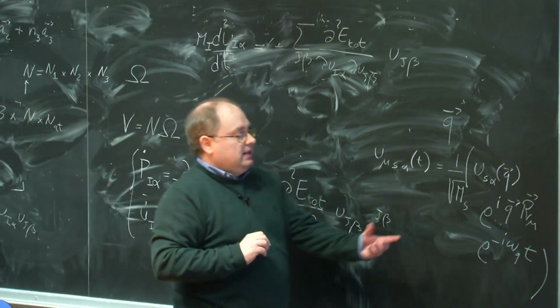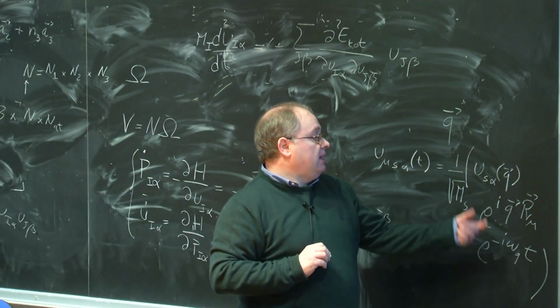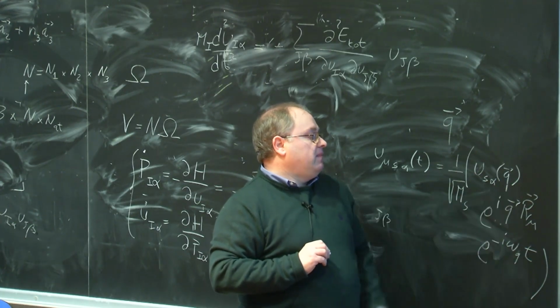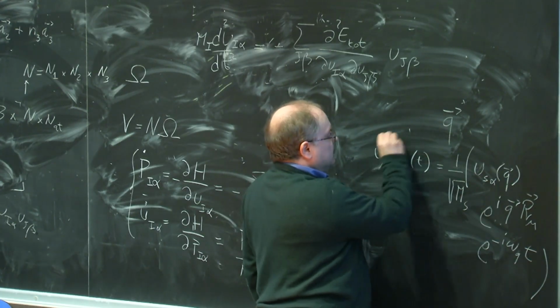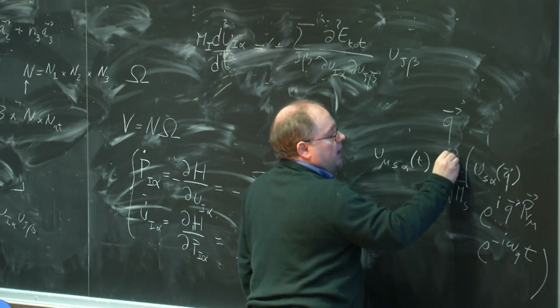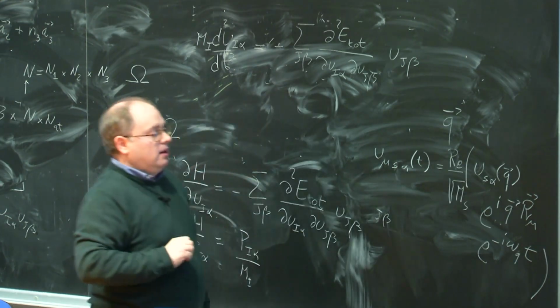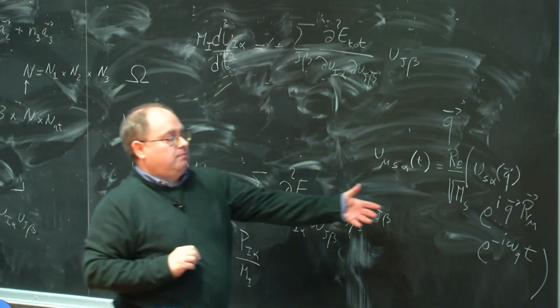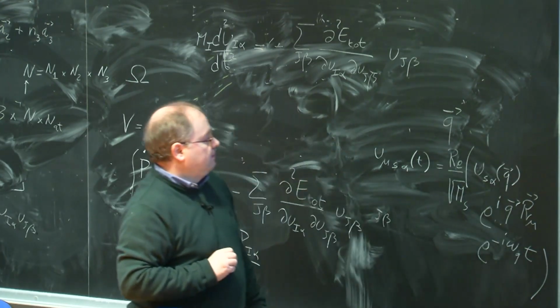And since this is a phase, in principle, this displacement here can also be complex, but this is a real quantity. It is the real displacement, so I have to take the real part of this term. That means this plus the complex conjugate.